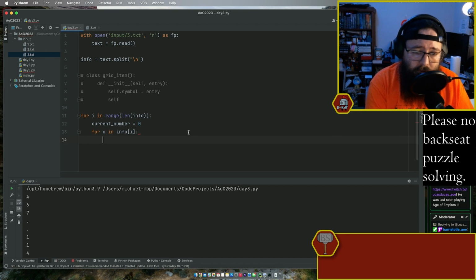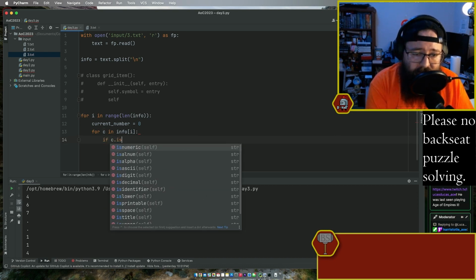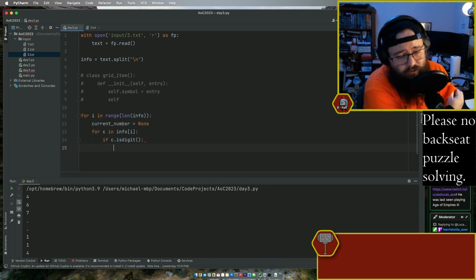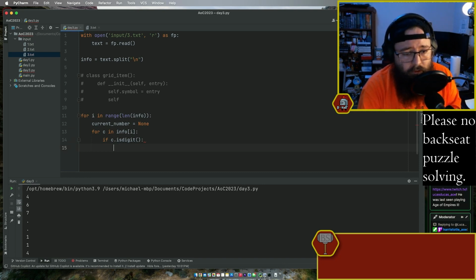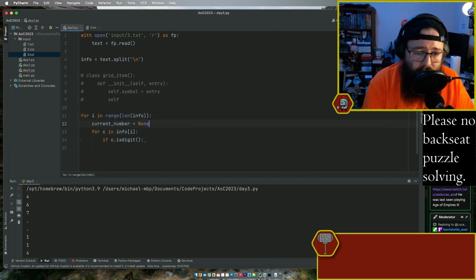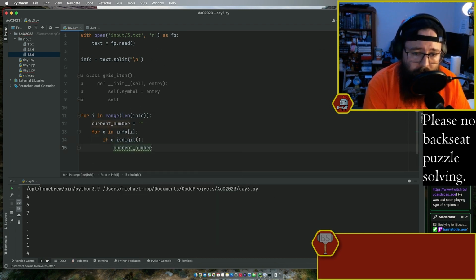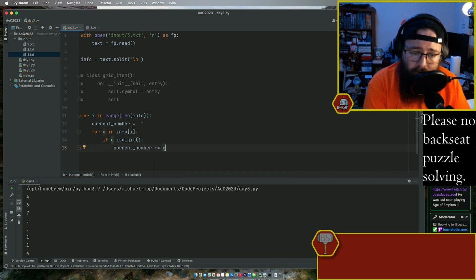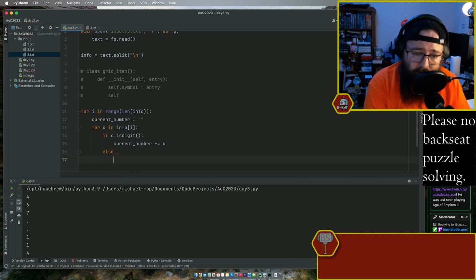So if c is a digit, current plus c, else current equals empty.